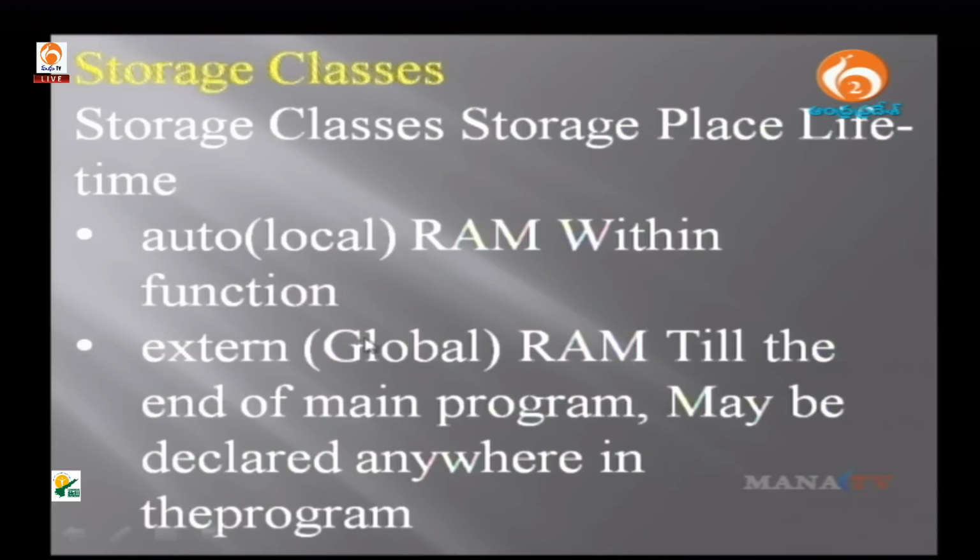And you can reuse this global variable in some other program also. In case of the automatic or local variable, it is only available in that function, whereas the global variable is global to all the functions until the entire main program ends. That is the meaning of extern.